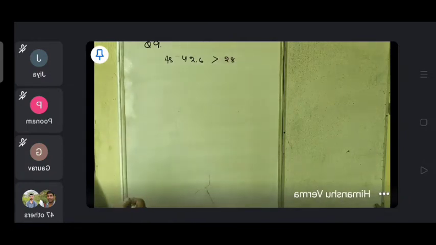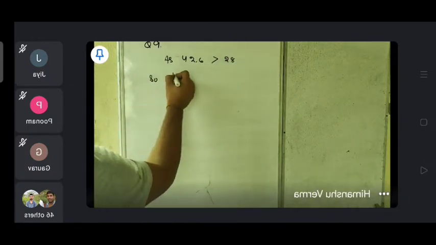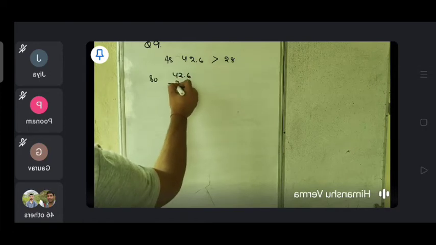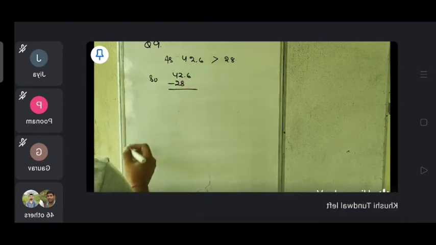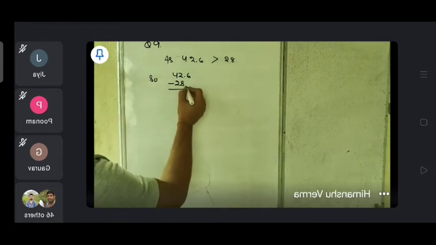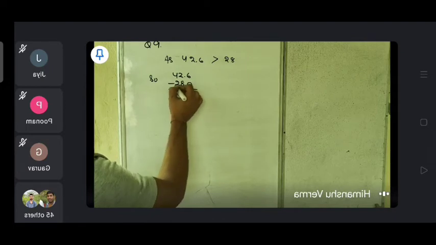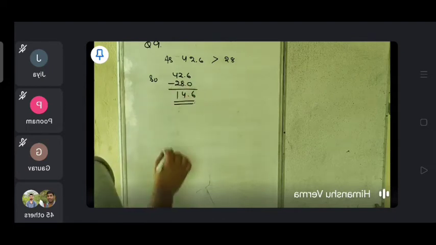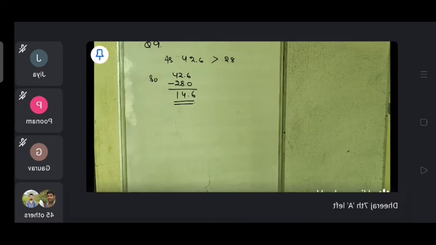Okay, so 42.6 minus 28, what will we get? इनको आप subtract कर दीजिए. Our subtraction is 14.6.